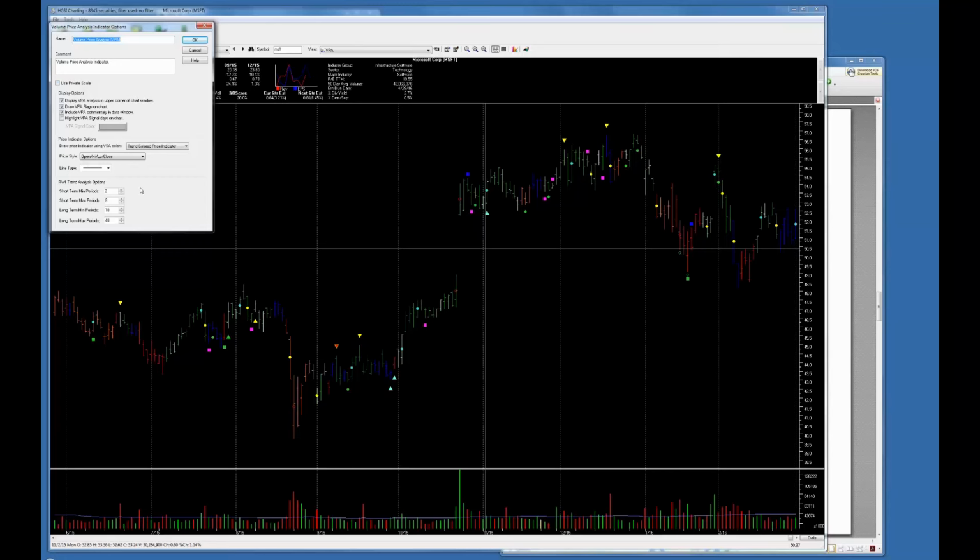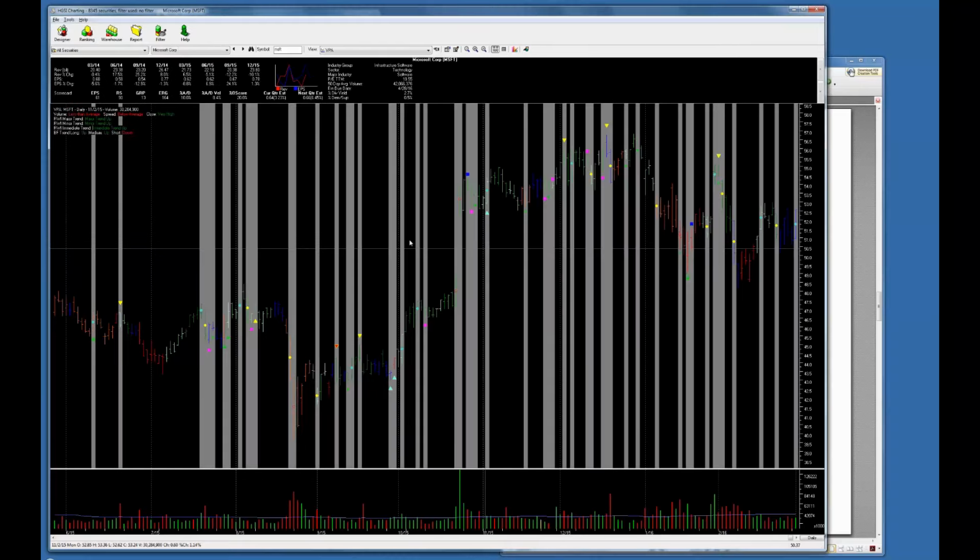There actually aren't that many options. Let's talk about the signal days. So the idea behind the signal days: there are 26 flags that make up the VPA indicator. And we were afraid that having 26 flags going off all the time would mean that basically every stock has a signal practically every day.